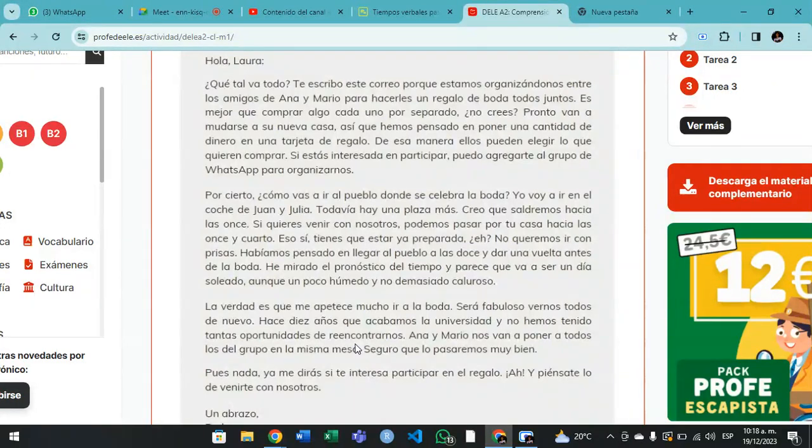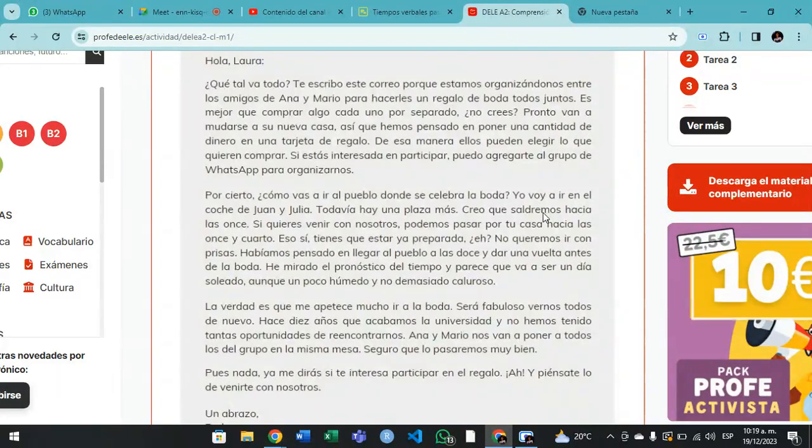Creo que saldremos. What does saldremos mean? I think we go out, we will go out at this hour. Okay. Like it's a conjugation for to go out or leave.